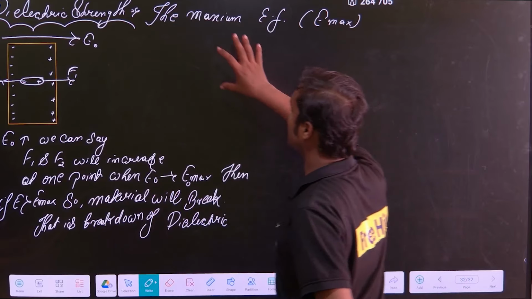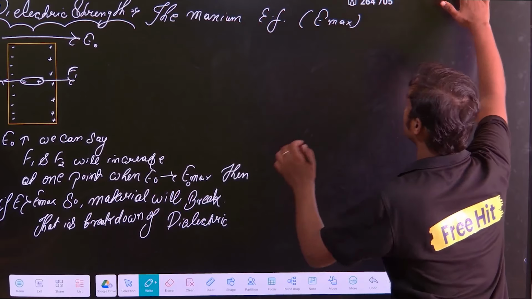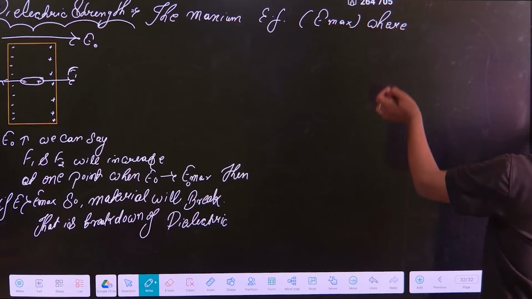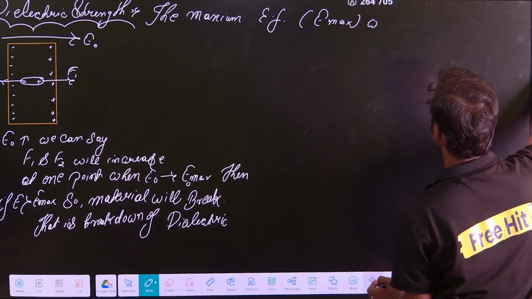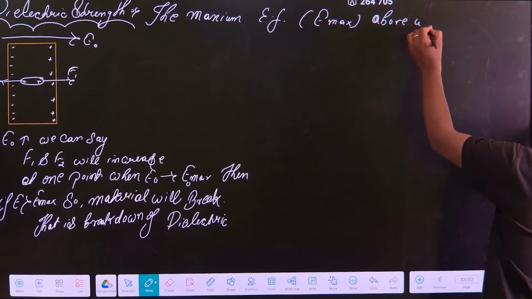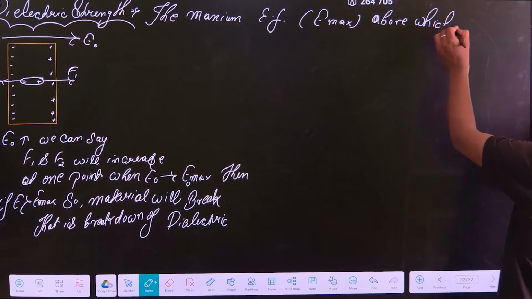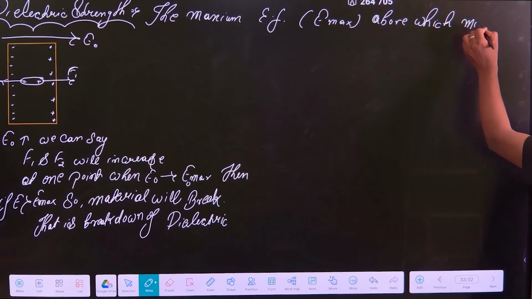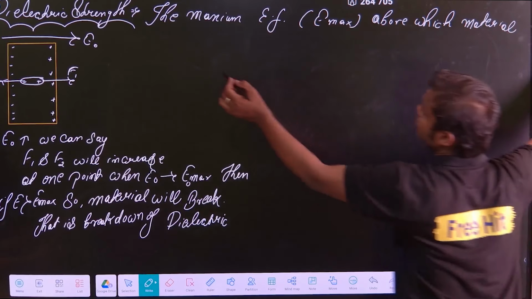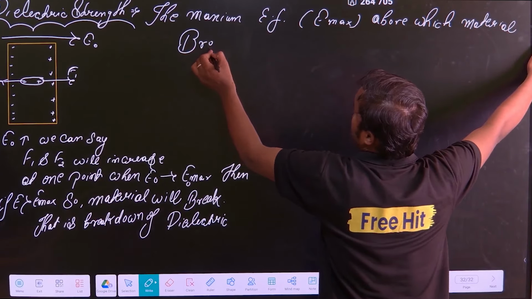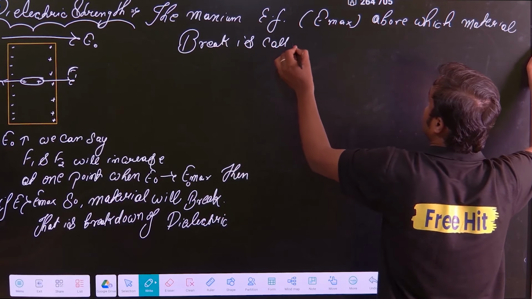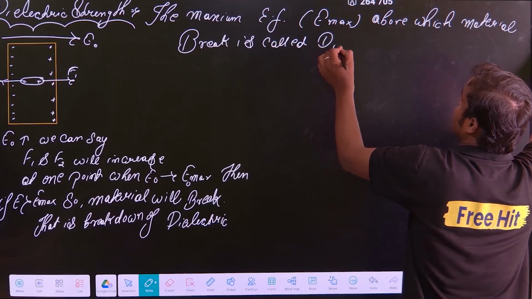So the maximum E field above which the material breaks is called dielectric strength.